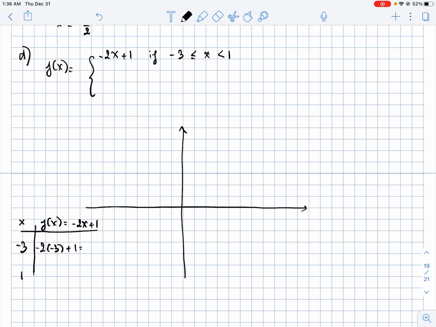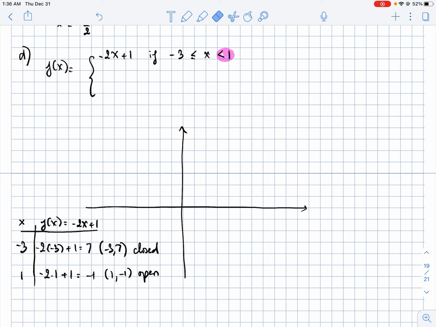When we plug in negative 3 into the function, we get 6 plus 1 is 7. Negative 2 times 1 plus 1 is negative 1. So these points are (negative 3, 7) and (1, negative 1). You see that at negative 3, it has the equal sign, so the point (negative 3, 7) will be closed.